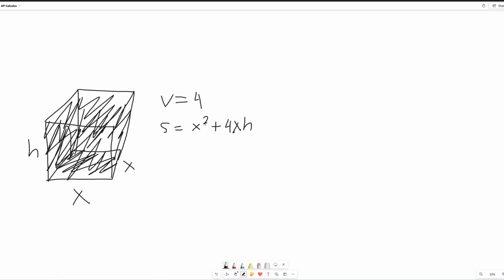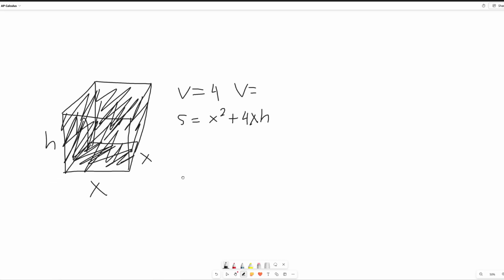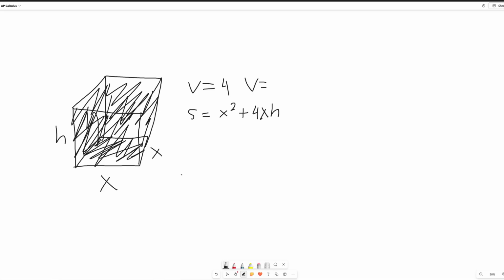Okay. Now, again, you have your 2 variables, so taking the derivative of this would be useless. So how would we get either x out of there or h out of there? Well, we know volume is 4. But we also know the volume of a 3D shape is length times width times height.